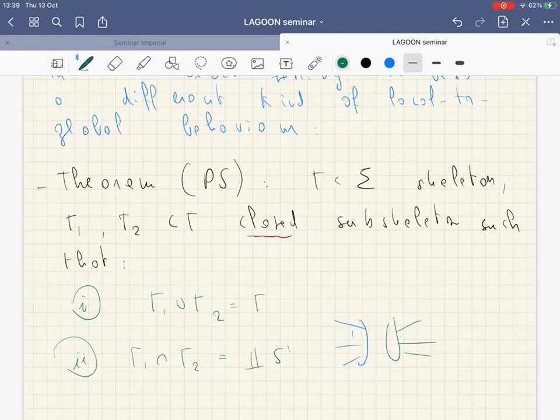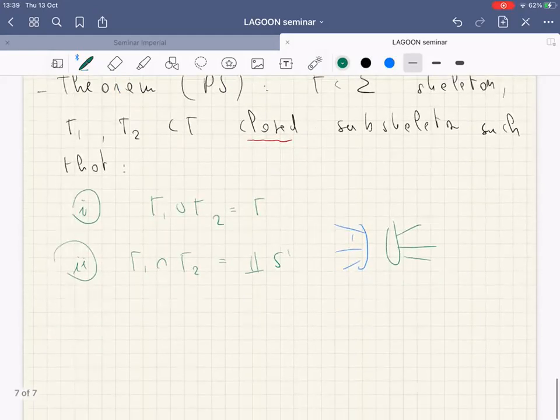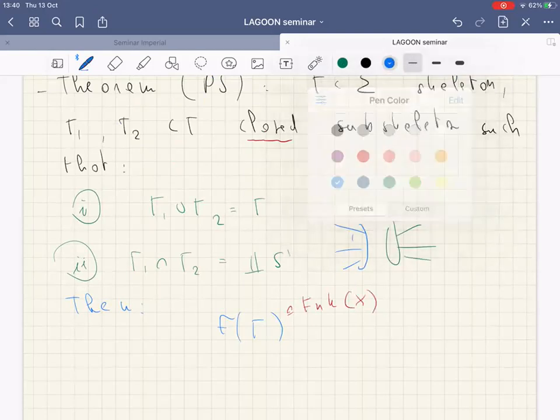So not just that they meet in an S1, but they also come from the two different sides of that cylinder around that S1. So if this is true, then we have the following fiber product. Then F of gamma, which remember is computing the Fukaya category of X, is a fiber product of categories.